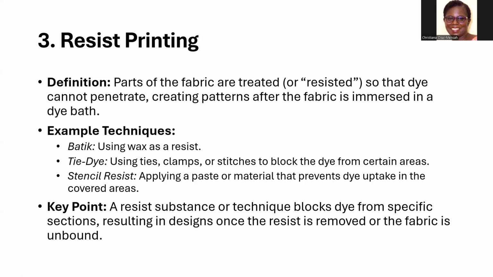Stencil resist, applying a paste or material that prevents dye uptake in the covered areas. So here the key point is that a resist substance or technique blocks dye from specific sections, resulting in designs once the resist is removed or the fabric is unbound.